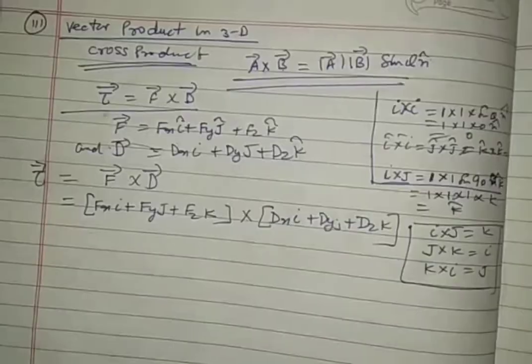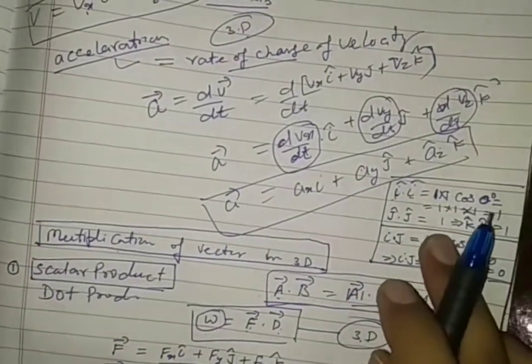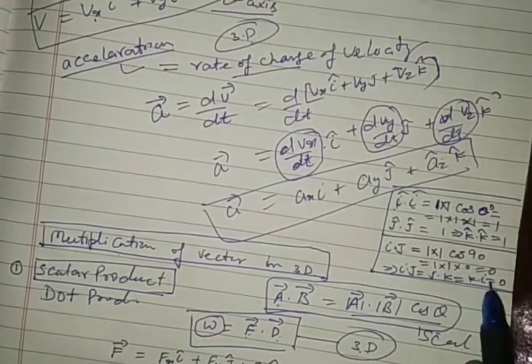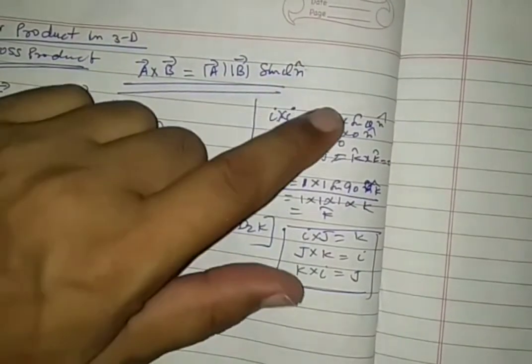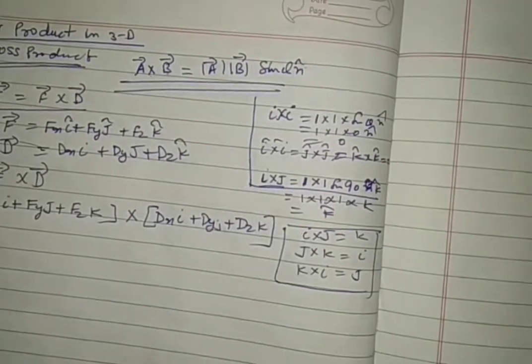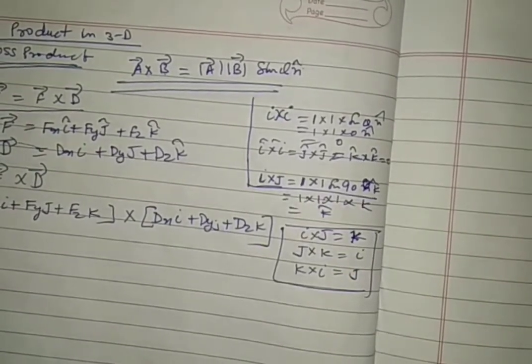Just opposite to the dot product, where i dot i, j dot j, k dot k is equal to 1 and the dissimilar case was 0, here the similar case is 0, and the dissimilar case is a unit vector along the perpendicular direction of the plane.